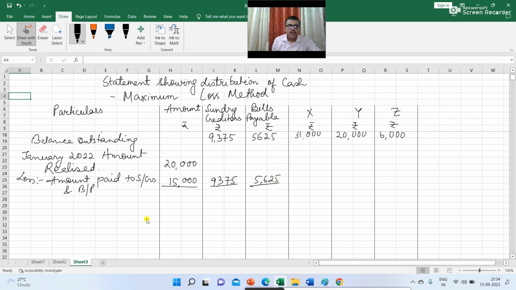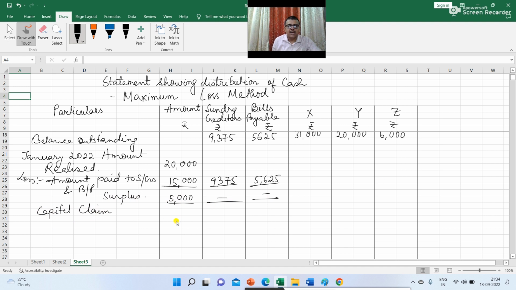Now 5,000 is the surplus which is available after payment to creditors and bills payable. So here I am writing surplus. Now how will this surplus be paid to the partners? So here again I have to write the capital claim.